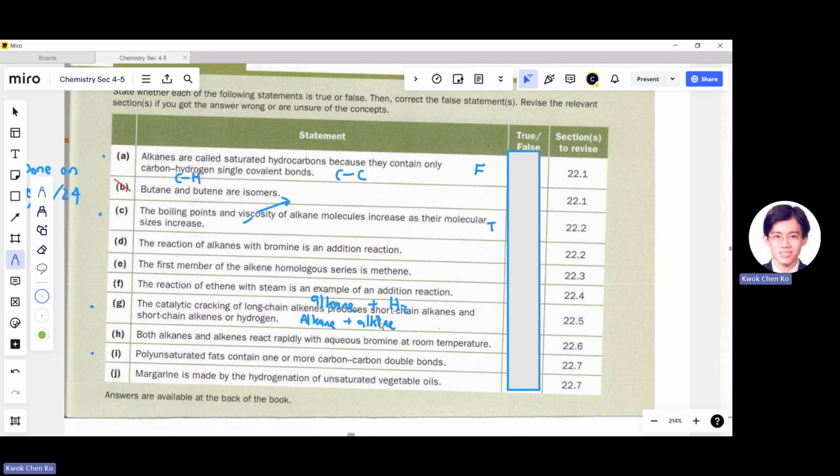Do you produce this combination in cracking, alkane plus alkene, alkane plus hydrogen? No, it should be alkene plus hydrogen and alkane plus alkene. It's still the way the English is structured, which I don't particularly like. So it's false.